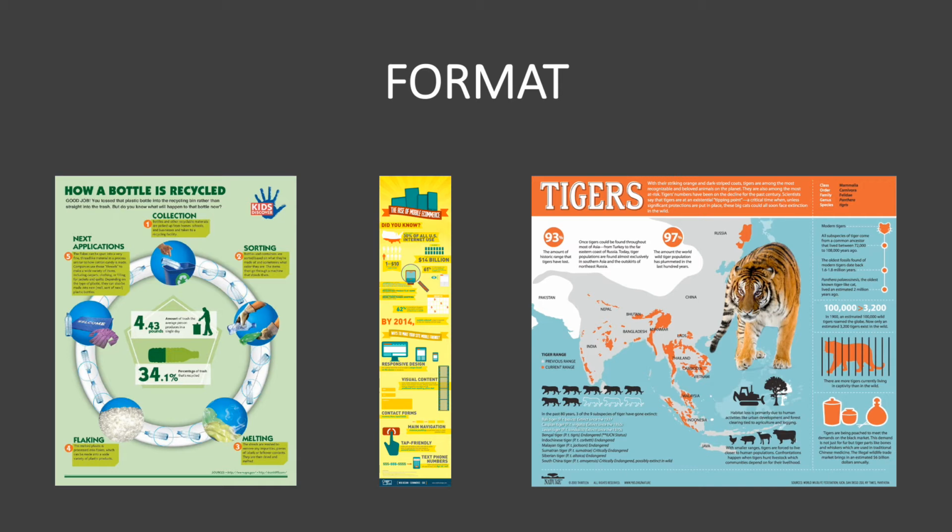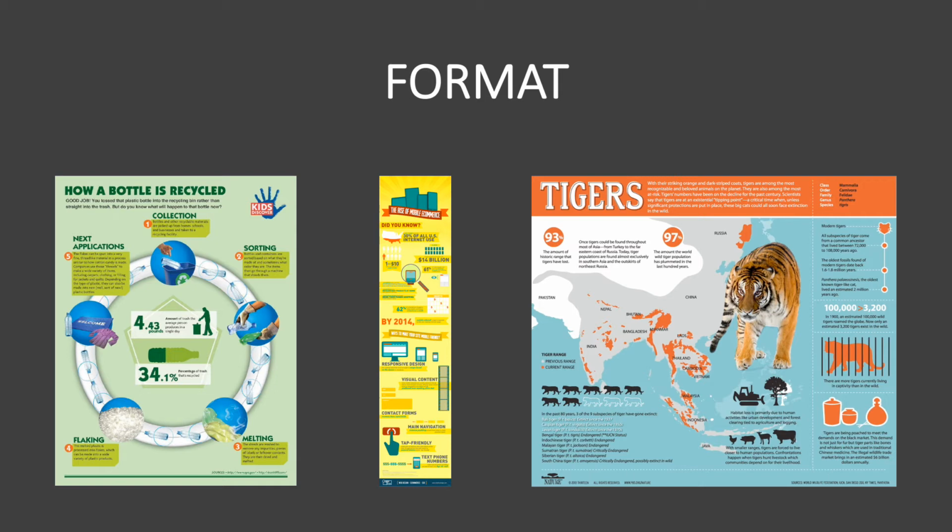Next up, we have the format. Formatting can be a little different depending on what you're trying to do. The left is a more poster-oriented, large-scale infographic. So this can be blown up and just put up as a poster. The text can be small, and you can use smaller graphics because it's going to be blown up very large. The one on the right is much more vertical. It's thinner.